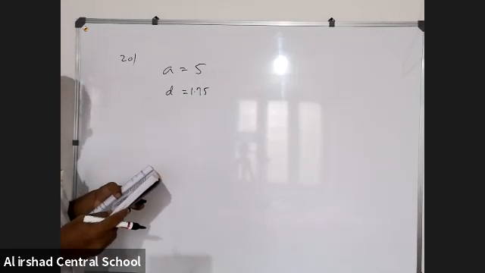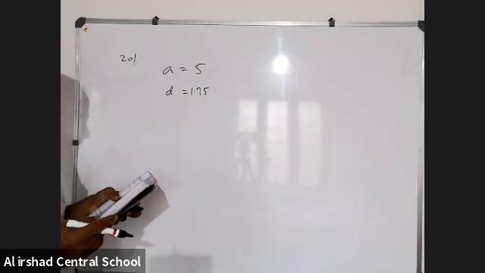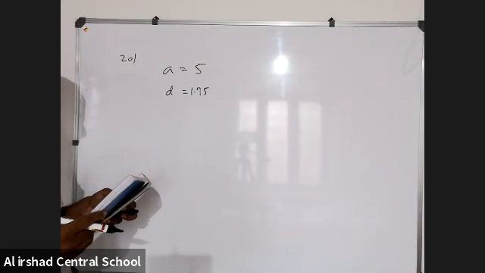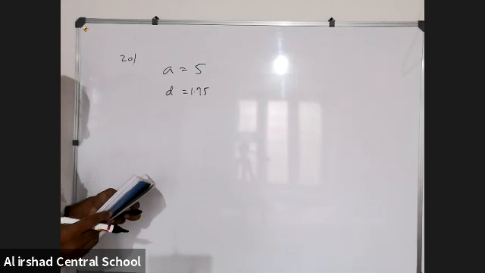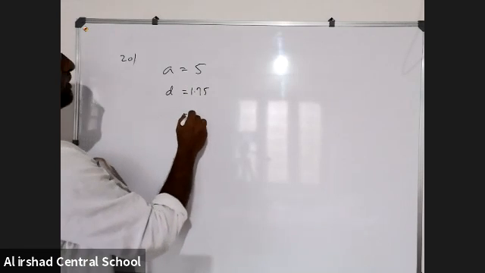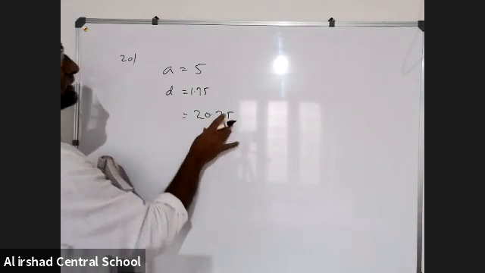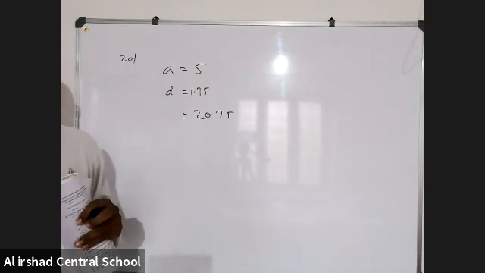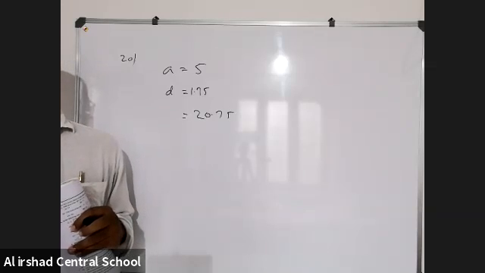Ramkali saved 5 in the first week of a year and then increased the weekly saving by 1.75. In the nth week, her weekly saving became 20.75. Then what is this 20.75? It is the nth term.